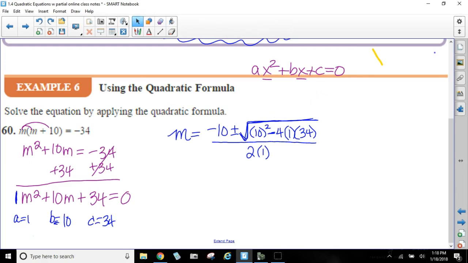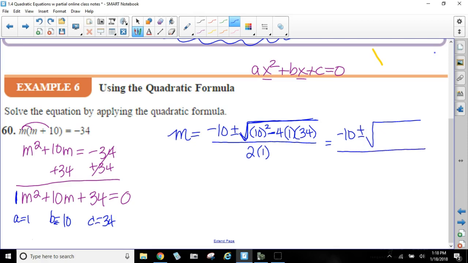The way that we are going to need to tackle this is we'll bring over the negative 10 and the plus or minus symbol. Then we'll have the square root of, we'll figure out what goes underneath there, and 2 times 1 in the denominator is still just going to be 2.